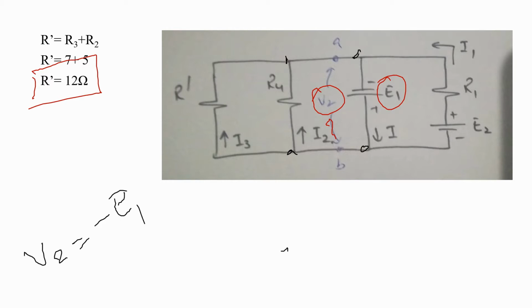When we substitute the value of E1 we can see that it is equal to minus 6 volt. The minus sign indicates that the polarities are opposite, so V2 is equal to minus E1, and V2 is equal to minus 6 volt, which is our required result.